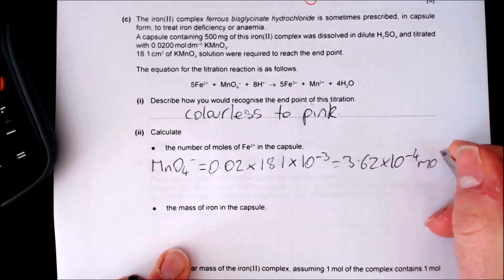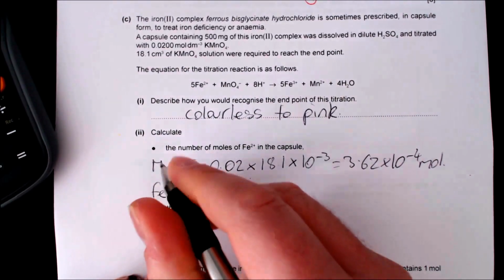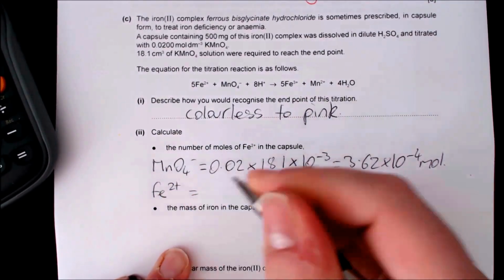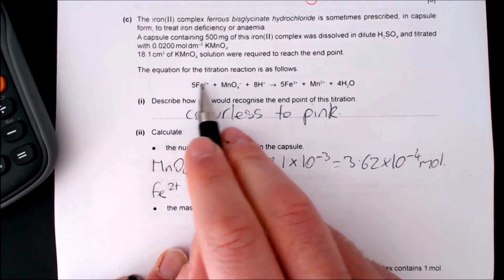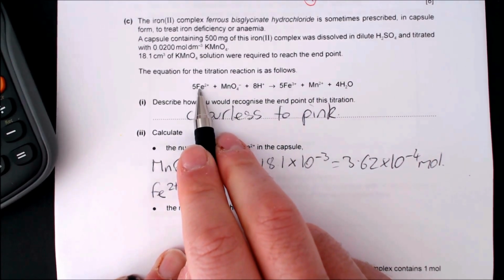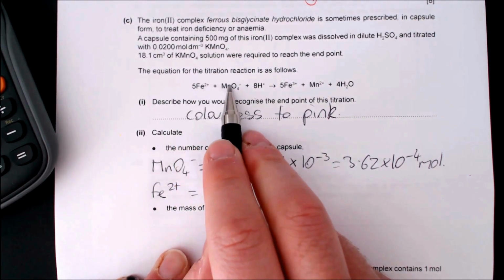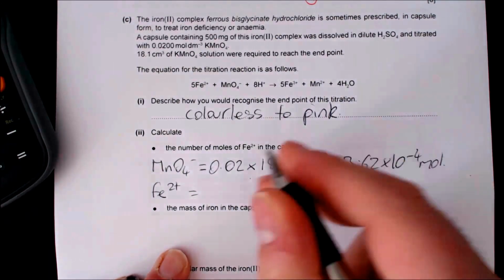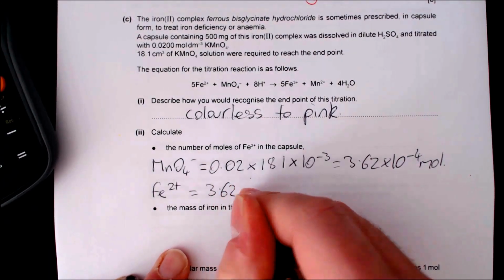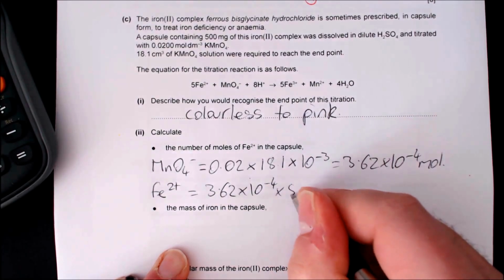And this is moles. Okay, so now we've worked that out, we can now work out the amount of Fe2 plus. Because we have a 1 to 5 ratio here, this is the number of moles of manganate. So the number of moles of iron, Fe2 plus, is going to be 5 times the number of moles of this, because it's 5 to 1. So it's pretty straightforward. 3.62 times 10 to the minus 4, multiply that by 5, and that will tell us the number of moles.